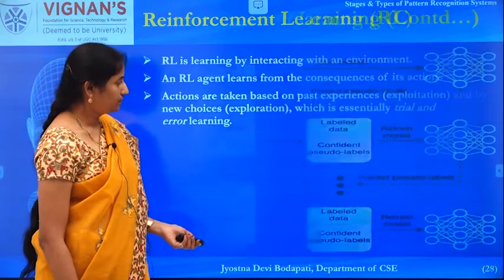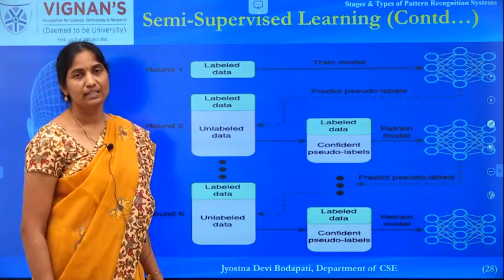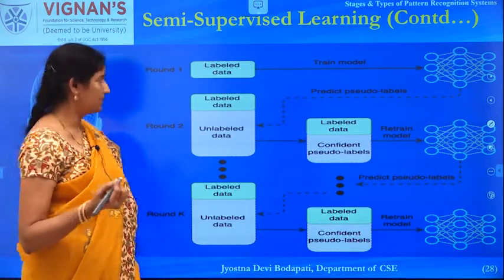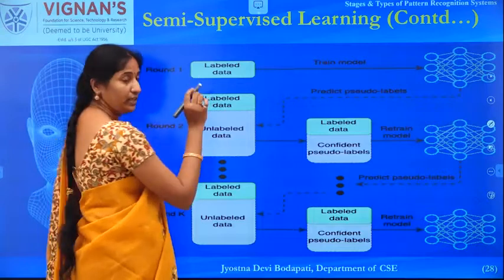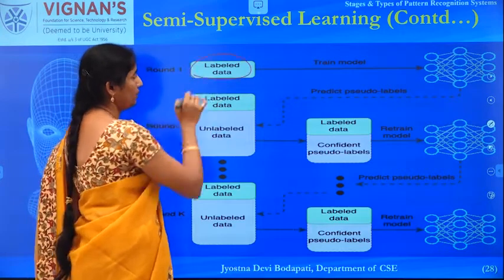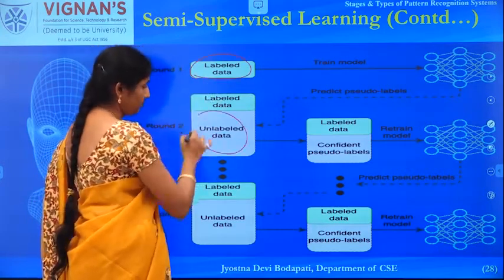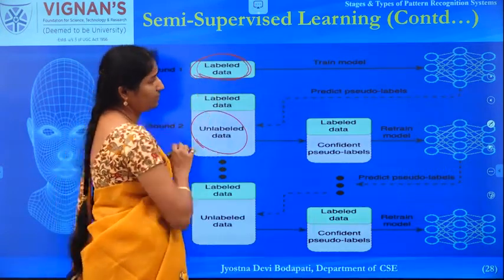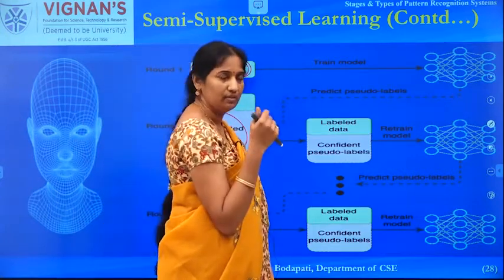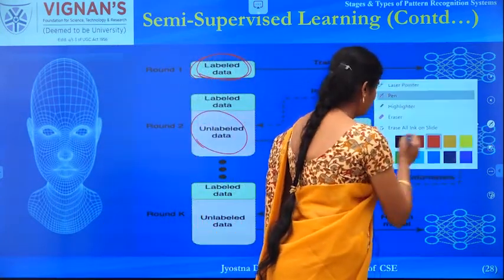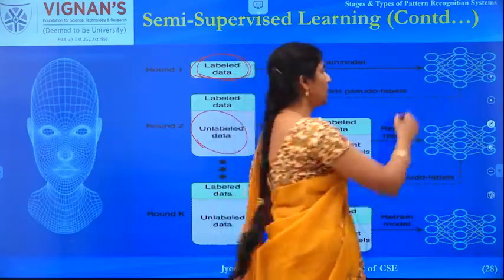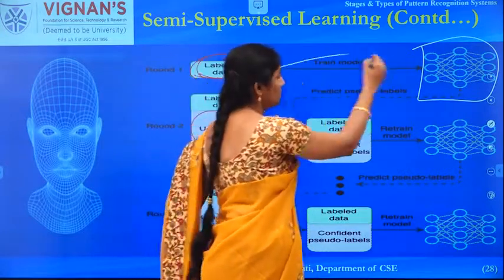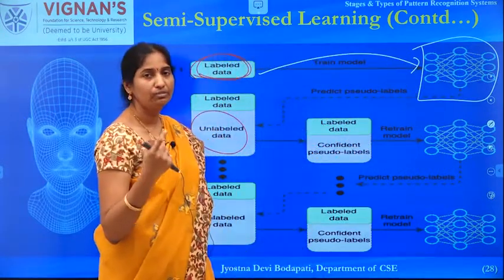Now let's see how semi-supervised learning can be done. I'll explain one type of algorithm for semi-supervised learning. We already discussed that we'll have small amounts of labeled data and large amounts of unlabeled data. On this small amount of labeled data, we select one model. For simplicity of explanation, I have taken the neural network model. I train this neural network model on this limited set of labeled data.